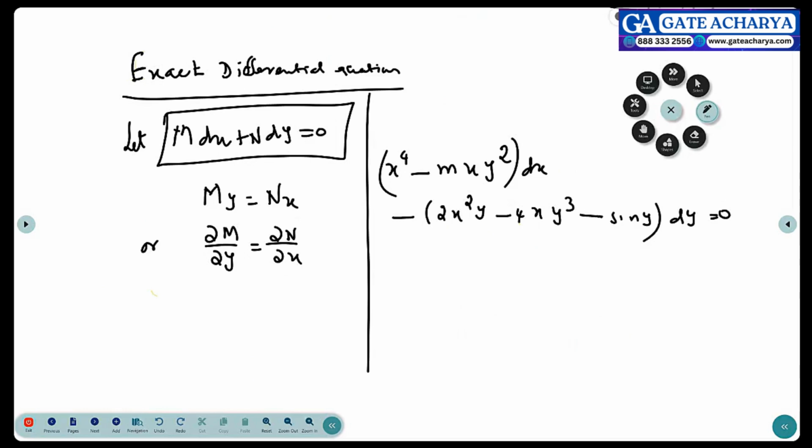If this equation is exact, then find the value of m.